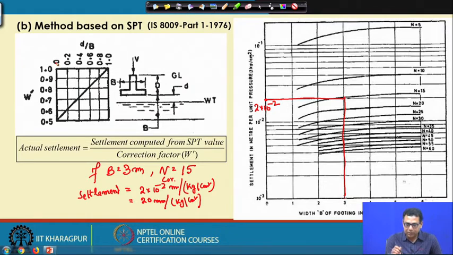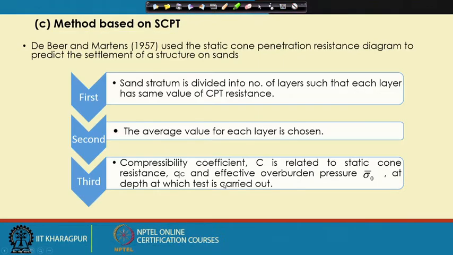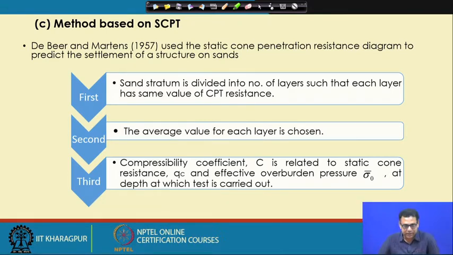So, the next method is based on SCPT, the standard cone penetration test. The method was first proposed by De Beer and Martins in 1957. We can use this SCPT data to determine the settlement also.